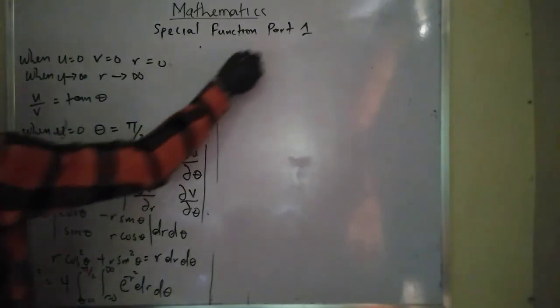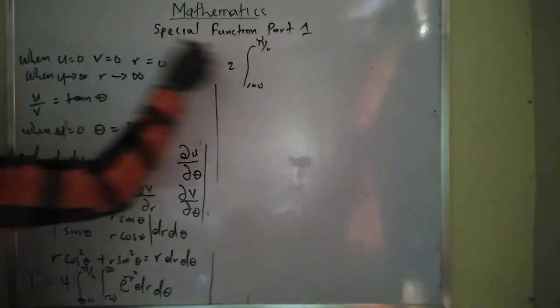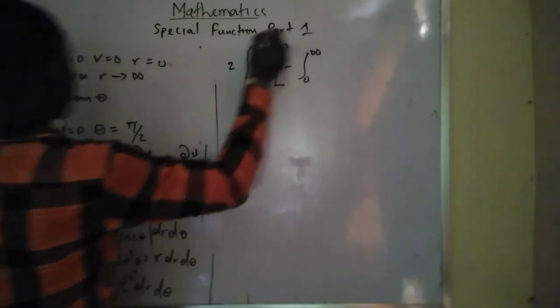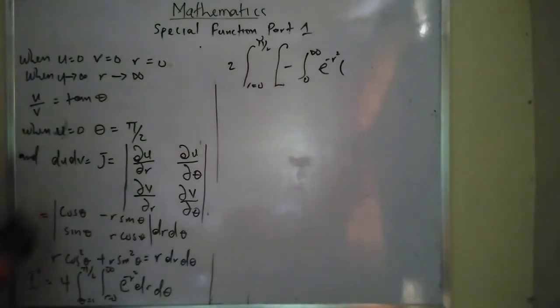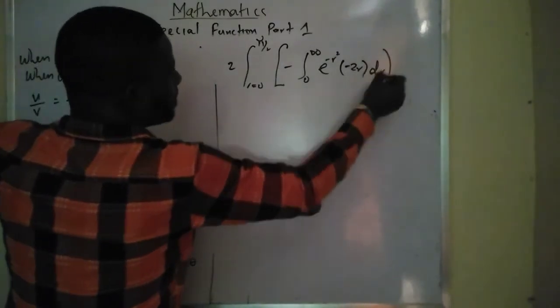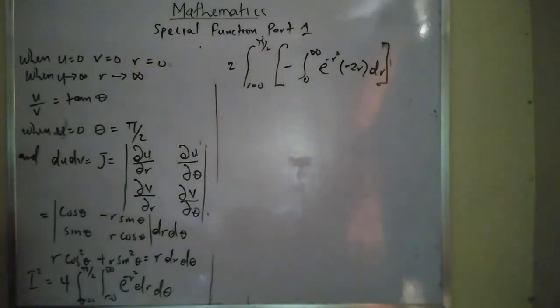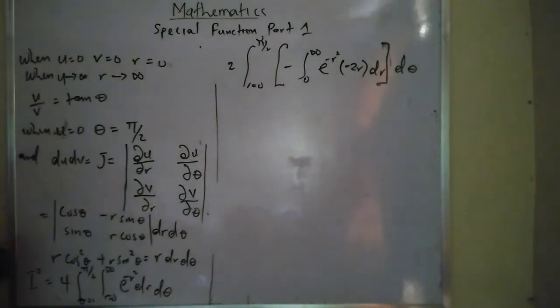I have the integral from theta equals 0 to pi over 2, and the integral from 0 to infinity of e raised to the power minus r squared times (minus 2r) dr, with my d theta outside.